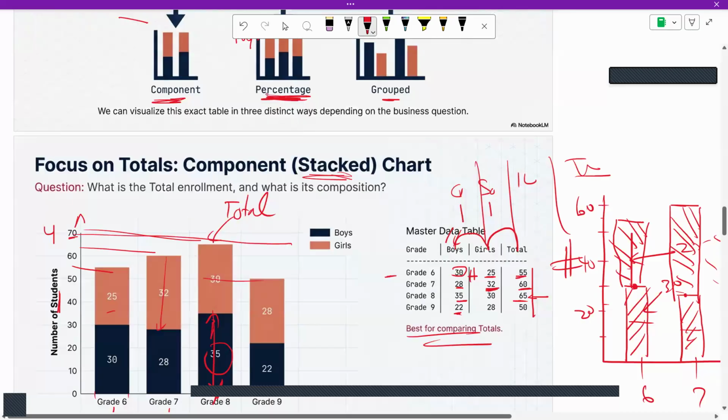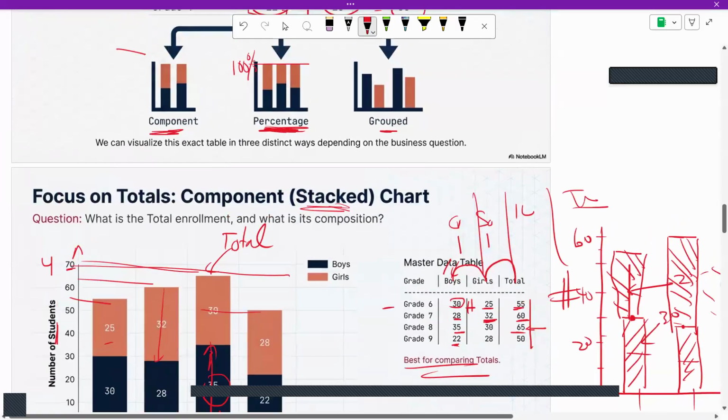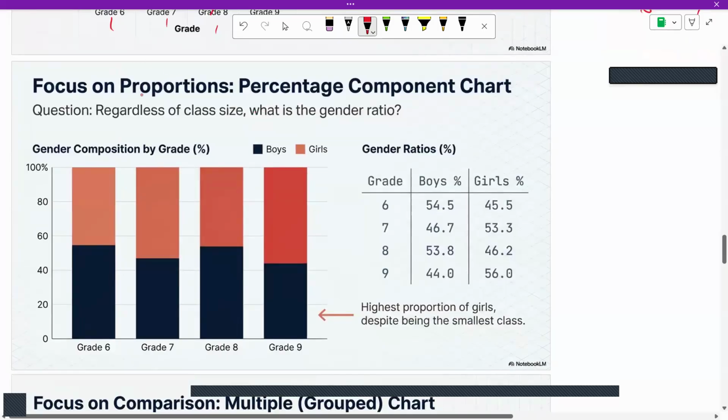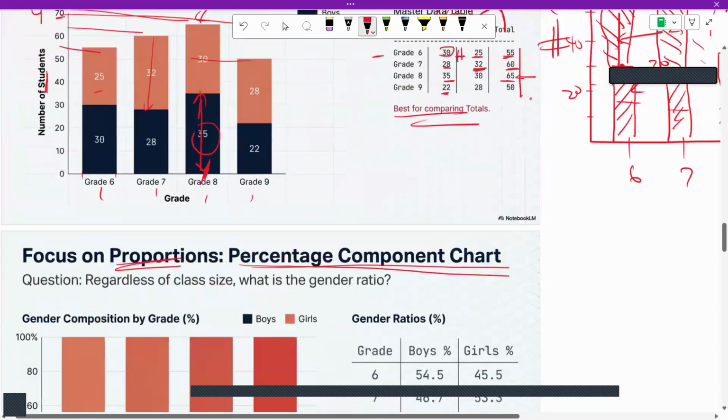But in the percentage chart, every bar has the same height, and the height of the subcomponent of the bar represents the proportion. Proportion means the parts. Focus on proportions. This is called the percentage component chart.